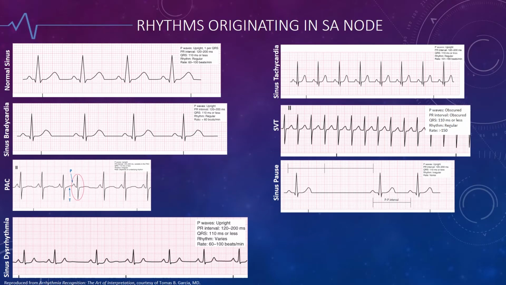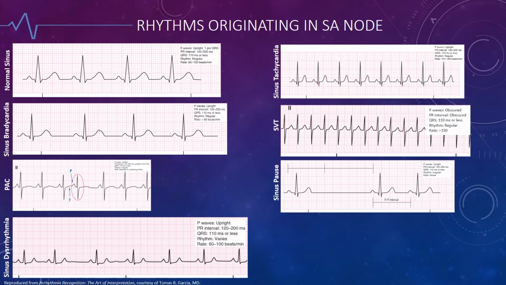Okay, very good. Rhythms originating in the sinoatrial node. Normal sinus rhythm. You can't see the large box versus small box divisions on this, so it's very tough to talk about it on these slides. Normal sinus rhythm, sinus bradycardia, and sinus tachycardia are all just 3 variants of sinus rhythm, okay?